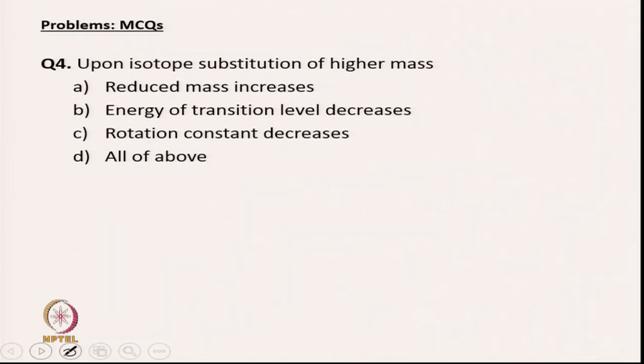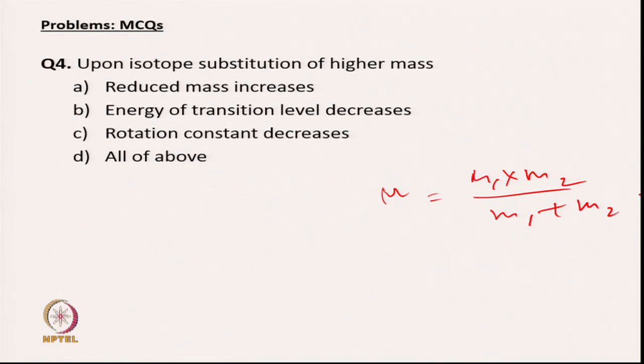Next question is, upon isotope substitution of higher mass, what happens? Reduced mass increases, energy of transition level decreases, rotational constant decreases, all of the above. We need to know how to write reduced mass, and we know that reduced mass is m1 into m2 divided by m1 plus m2.